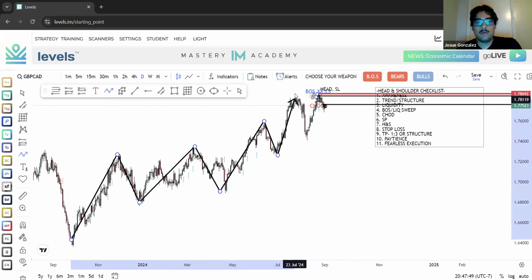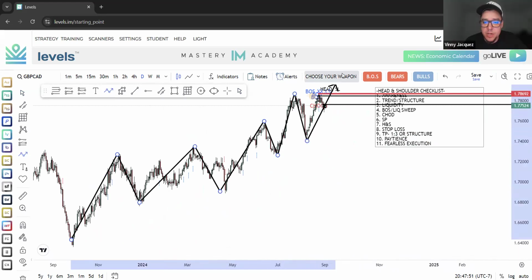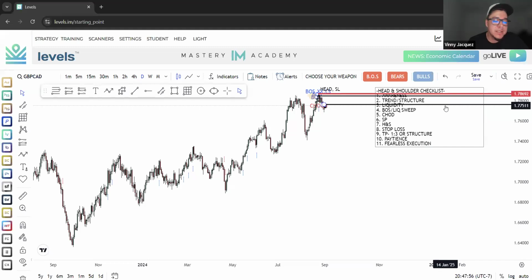Now, there are two types of trends in an uptrend, just like there are two types of trends in a downtrend. Does anybody know what those are?